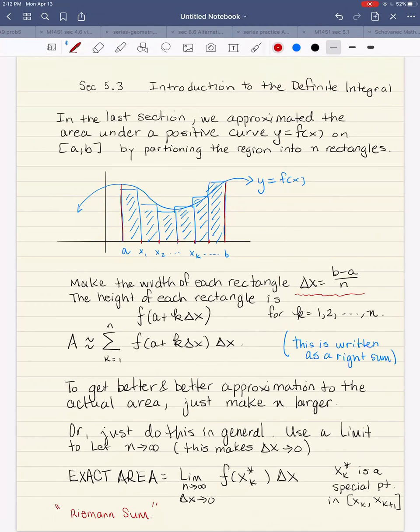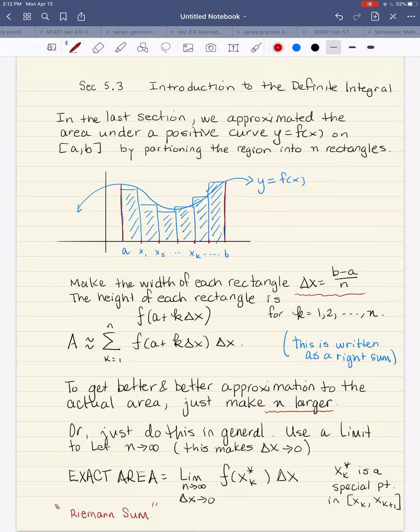The idea is that the more rectangles you put into your region, the better your approximation is. So if you start with 4 rectangles, if you double that and make 8, you'll have a better approximation. Double that with 16 rectangles, have a better approximation, and so on. So you just keep making the number of rectangles larger and larger, and you'll get closer and closer to the actual area.